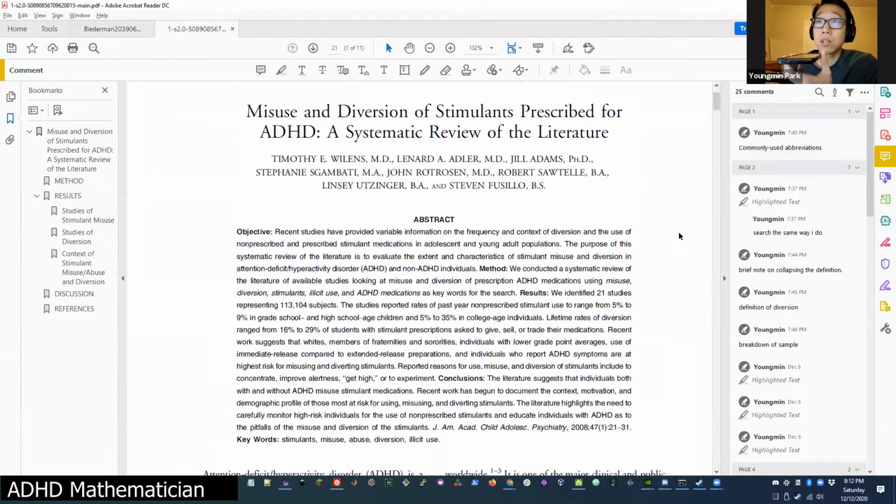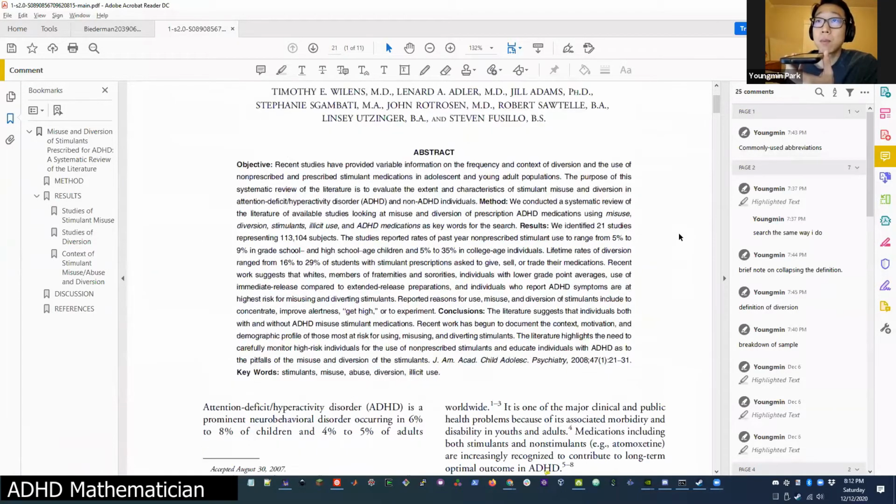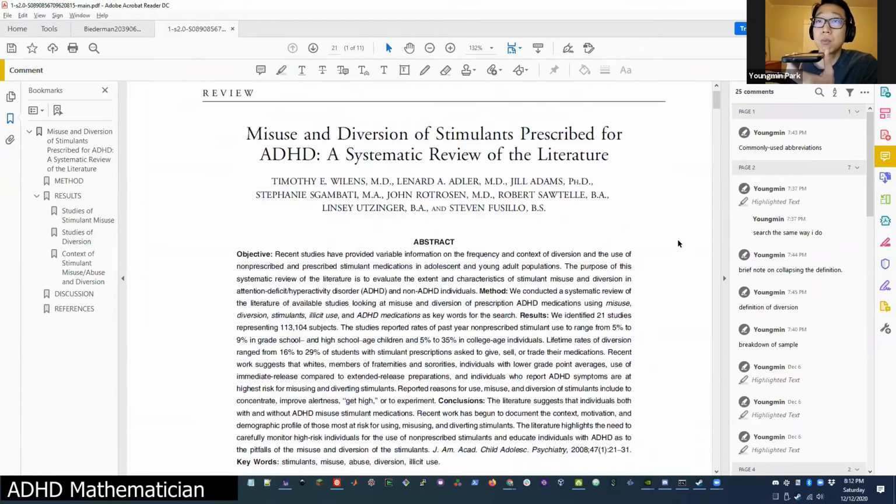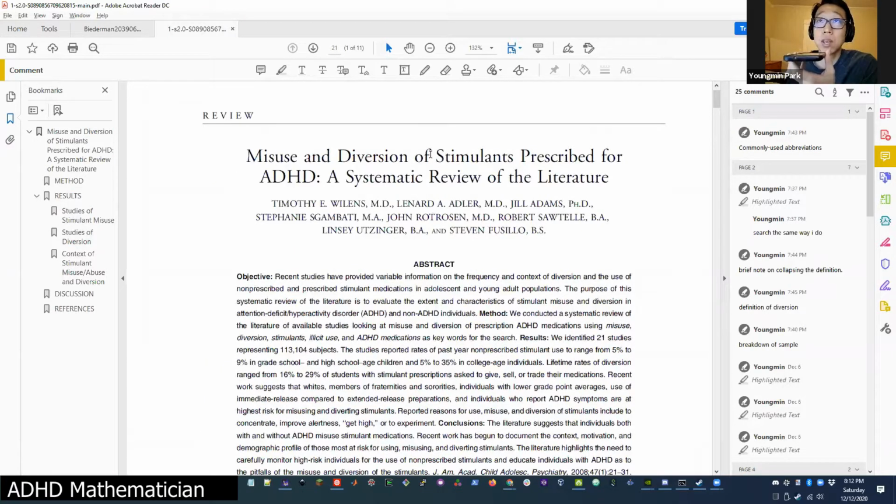All right, so the whole idea of this paper is to understand what the abuse rates are. We're not necessarily focusing on people with ADHD and the abuse rates of medication of those people. We're looking at overall abuse rates and trying to figure out under which demographics abuse is most relevant or happens most, and also try to understand the causes for the abuse.